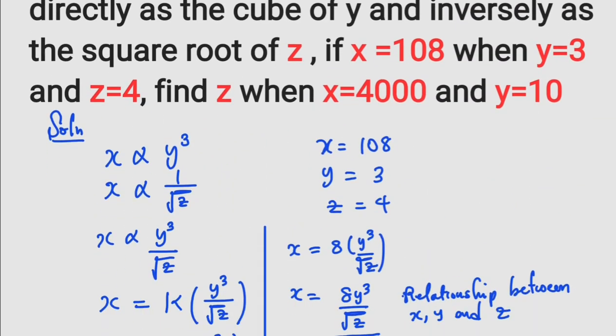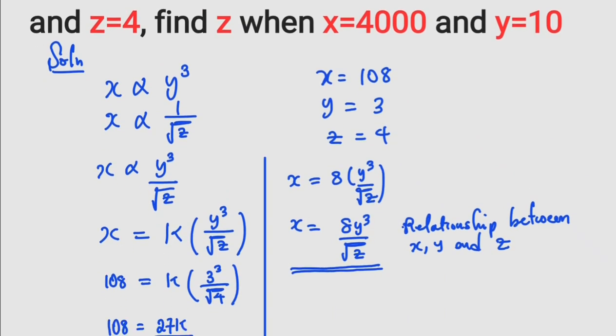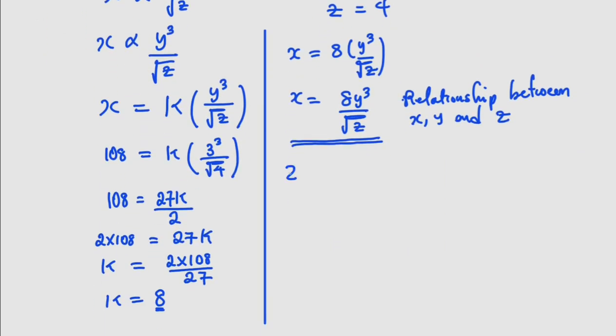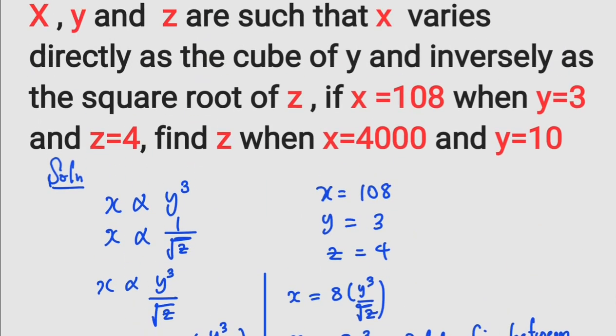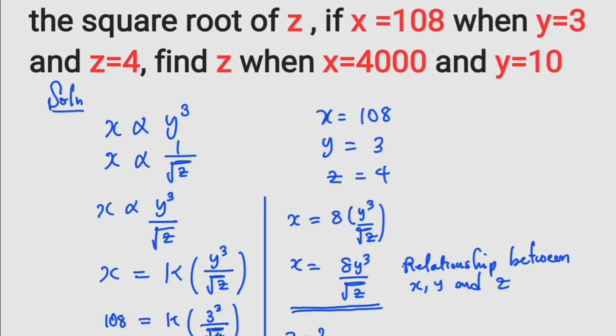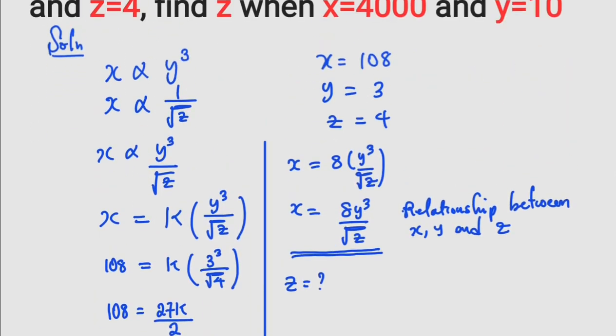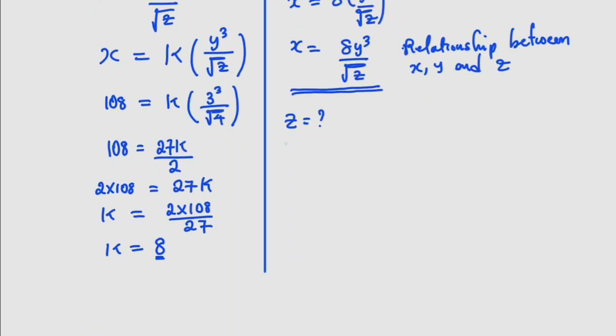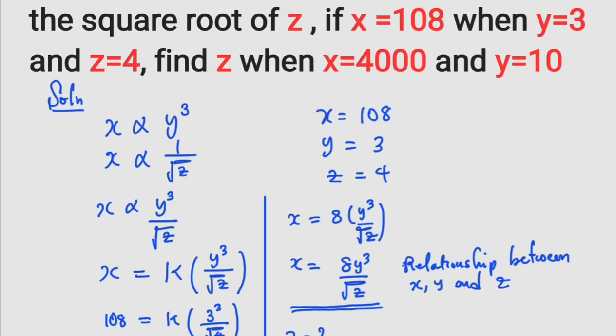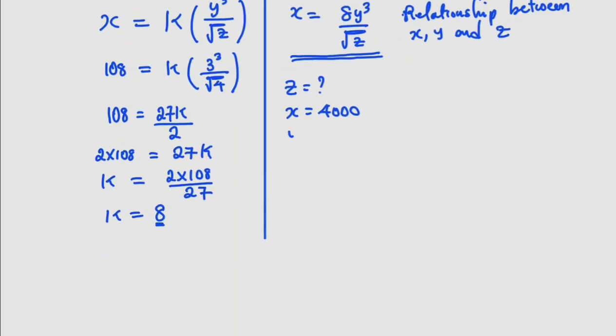The next thing we are to do, we are told that we should find z. We do not know z when x is 4,000 and y is equal to 10. All we need to do is use the formula connecting x, y, and z to find z.